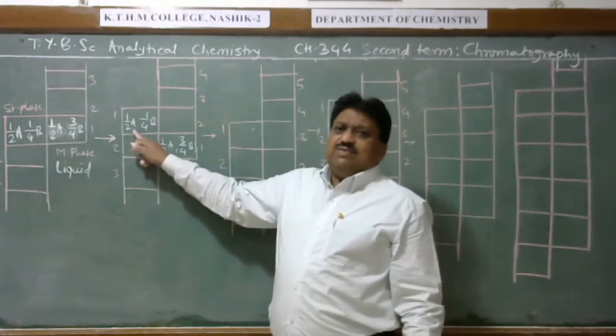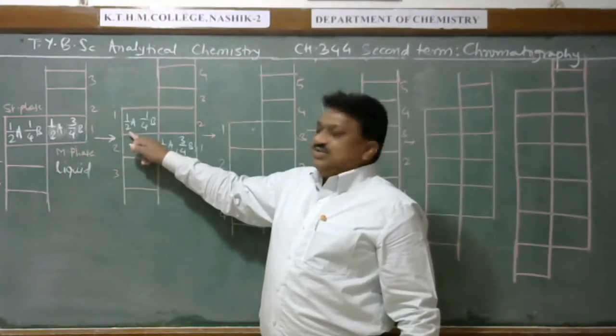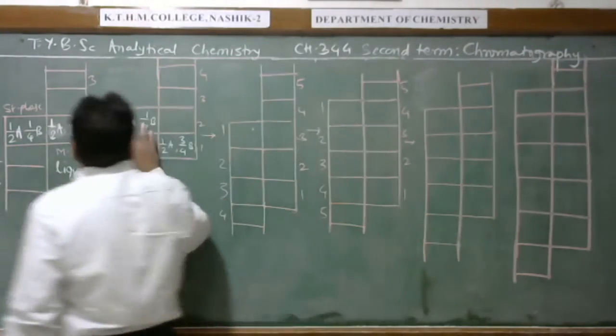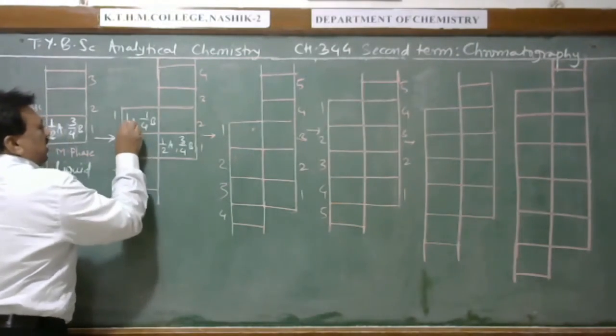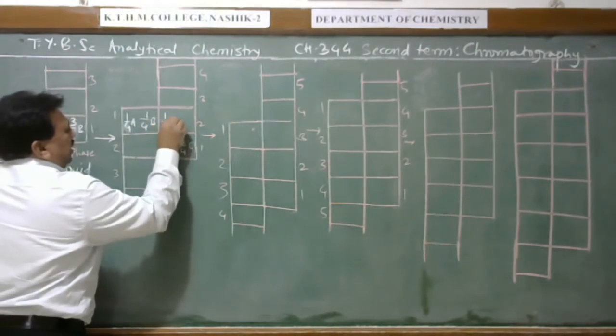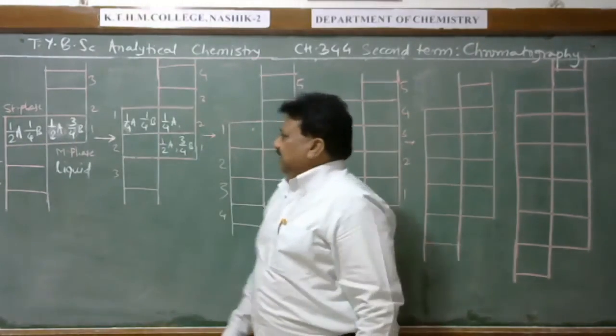As A is equally soluble, half of the A is given in the stationary phase and half of the A remains in the mobile phase. That means 1/4 A remains in the stationary phase while 1/4 A is given in the mobile phase.